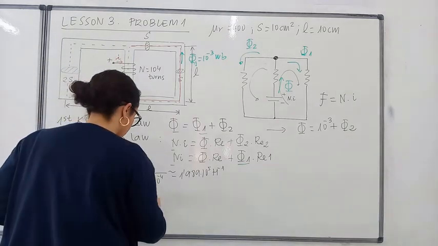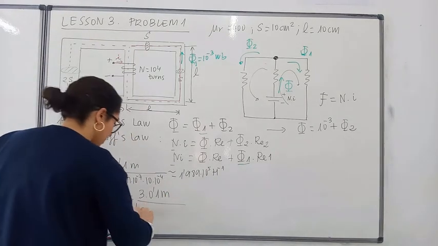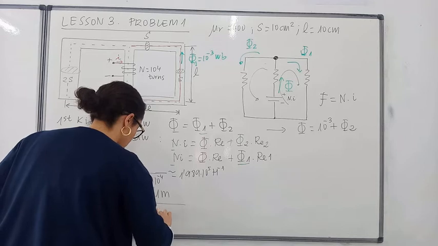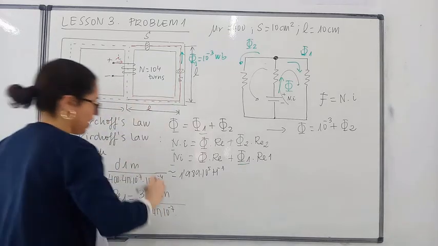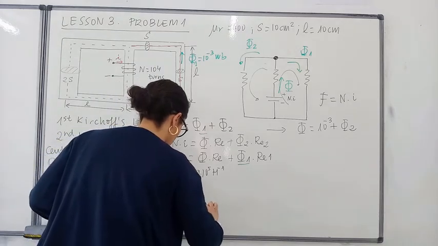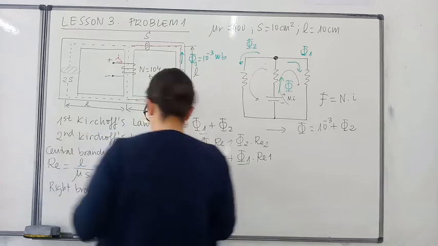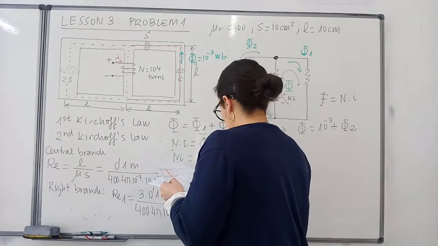So there you have 3 multiplied by this length. There, the material is the same, so same permeability. And the cross section is S. So you change the units to square meters, and you get this value for the reluctance.